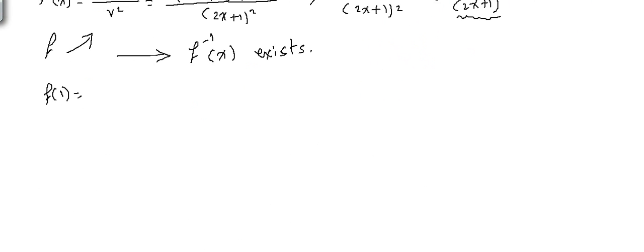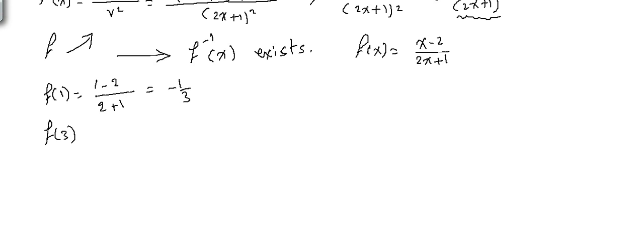So f of 1 is 1 minus 2 over 2 times 1 plus 1. The answer is minus 1 over 3. And what is f of 3, the endpoint of the interval this function is defined on?